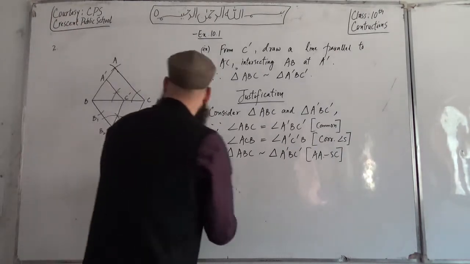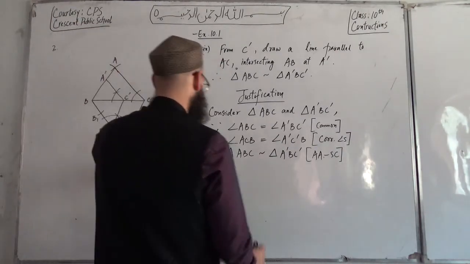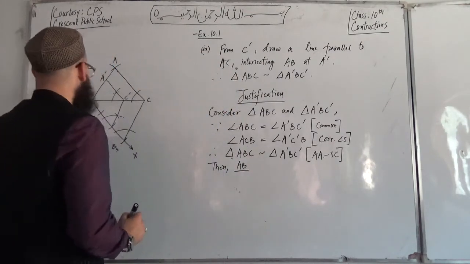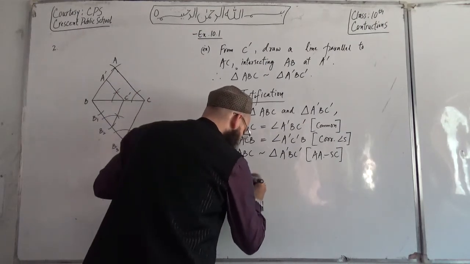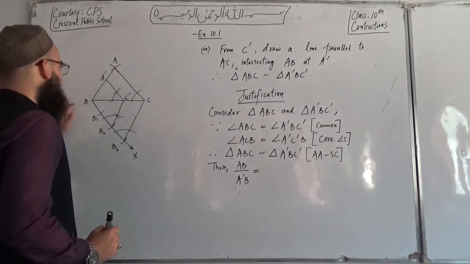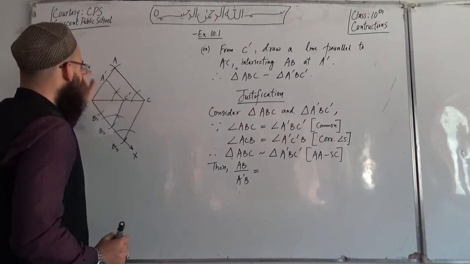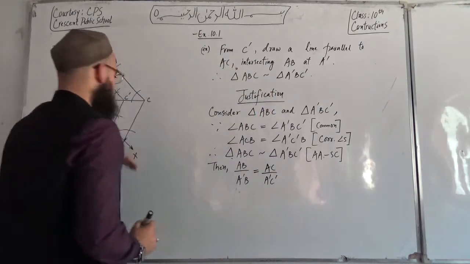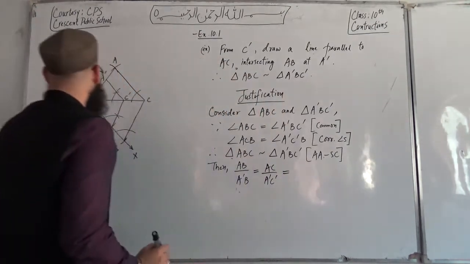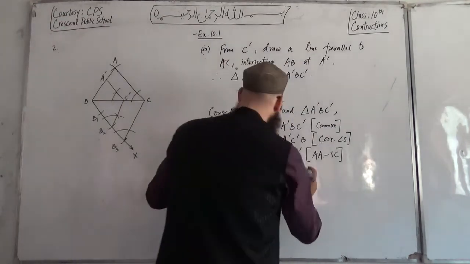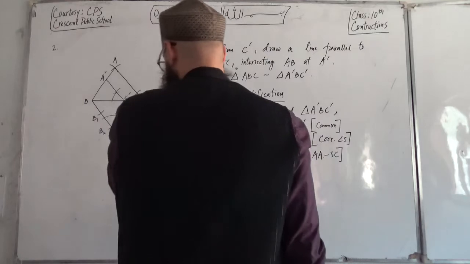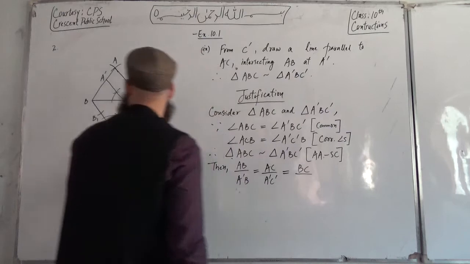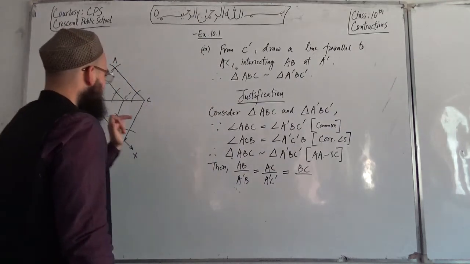That means AB by A dash B is equal to AC by A dash C dash is equal to BC by BC dash.